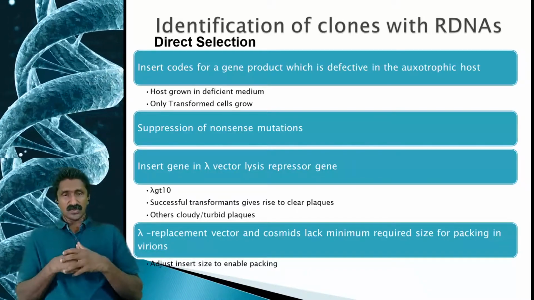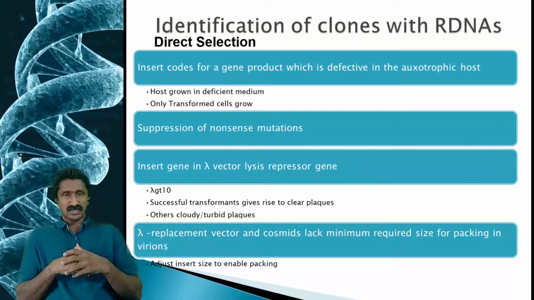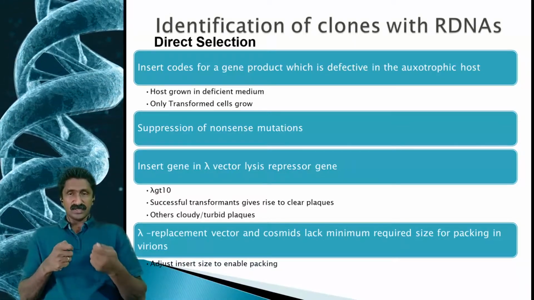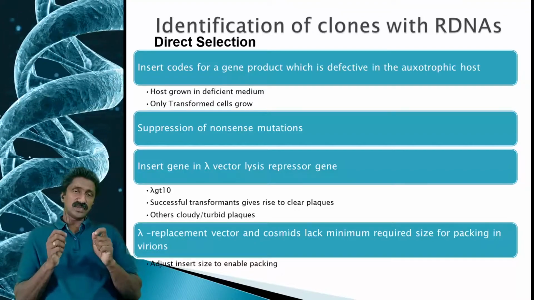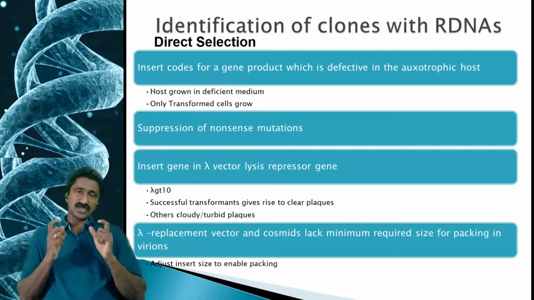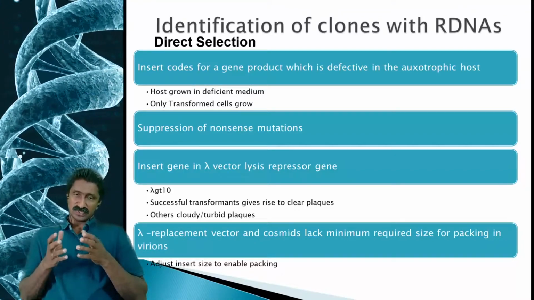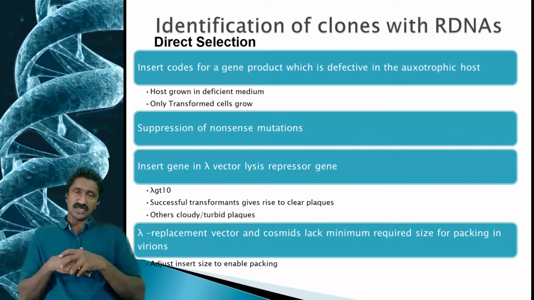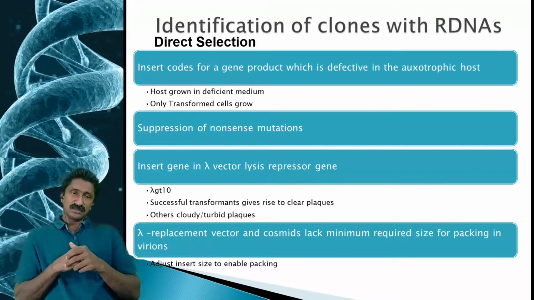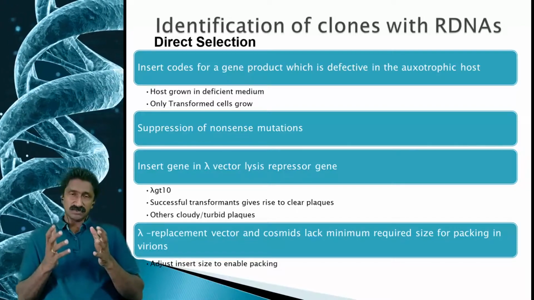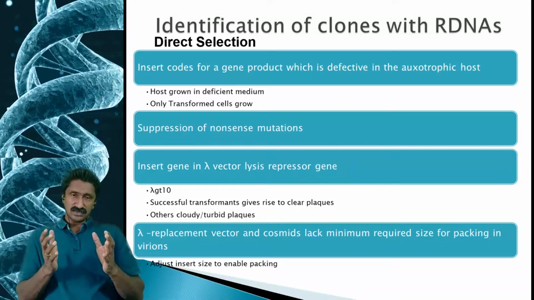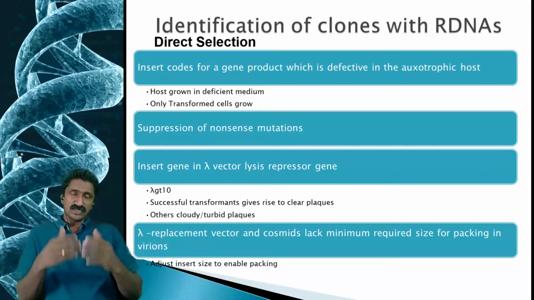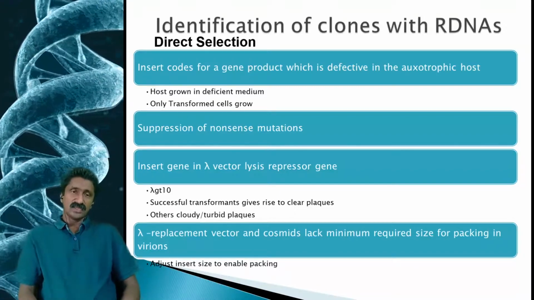So such a type of auxotrophic host can be incorporated with some specific gene production codes. For example, if you want to screen some cells, say insulin is incorporated into an E. coli cell.